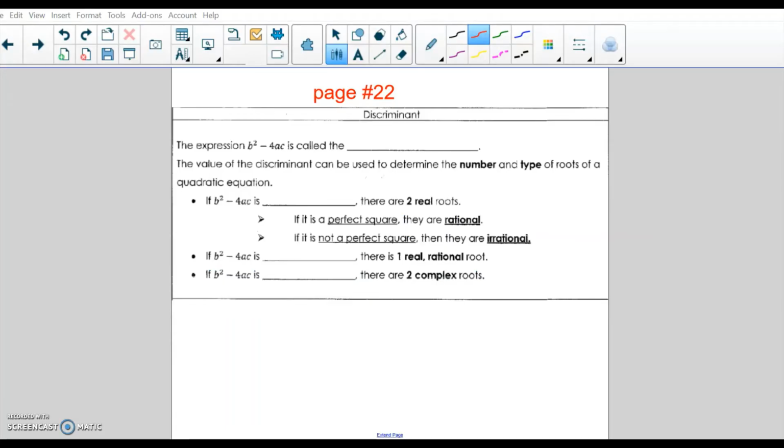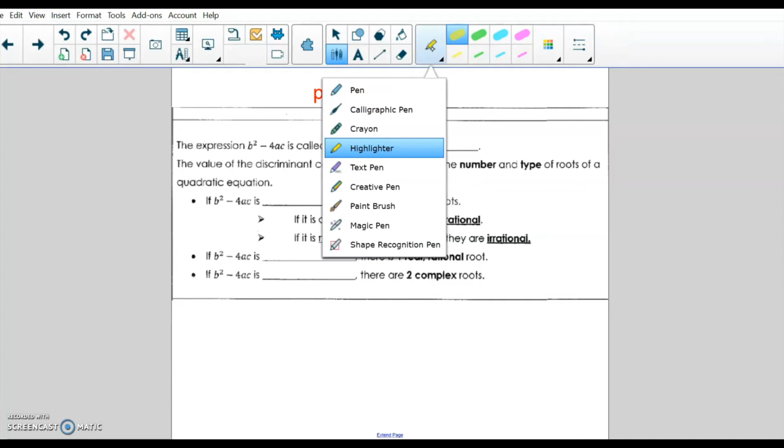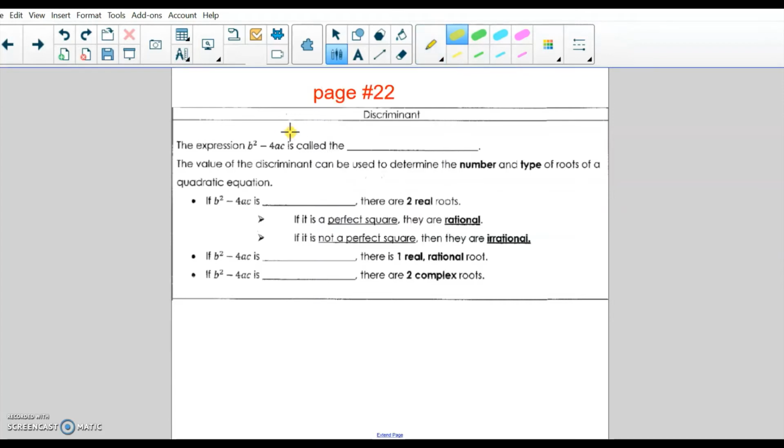Alright, so next we talk about something called a discriminant. And discriminant is something that you guys have actually already calculated, that you just didn't know it existed. You didn't know where it was. So we use our calculator to make a calculation. And so this, b squared minus 4ac, right here, which is underneath the radical, is called the discriminant.